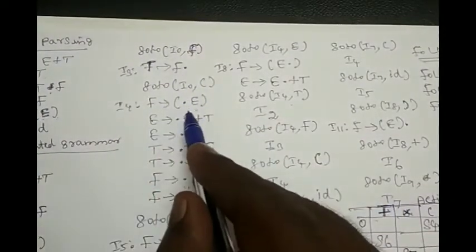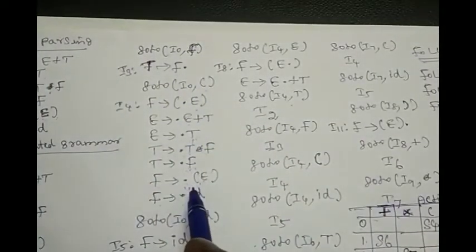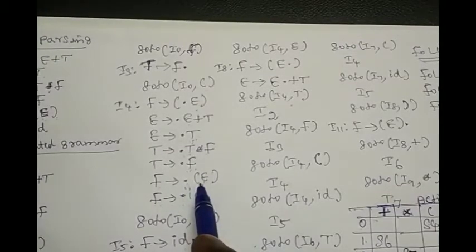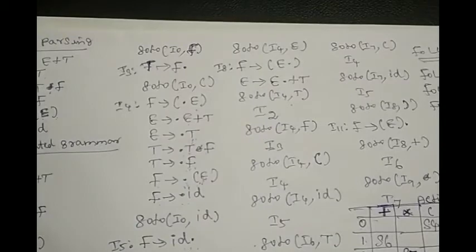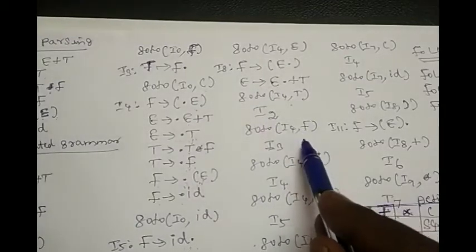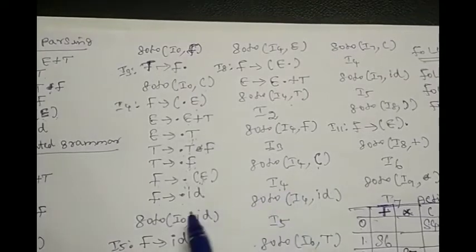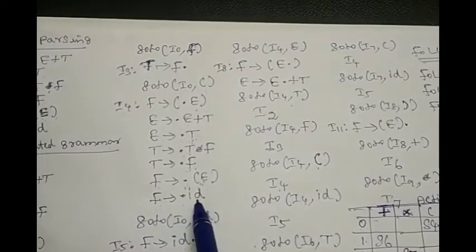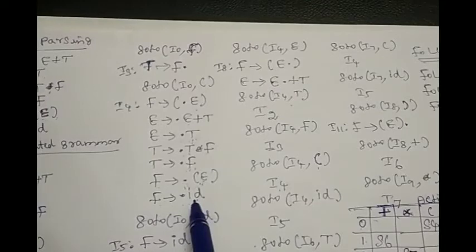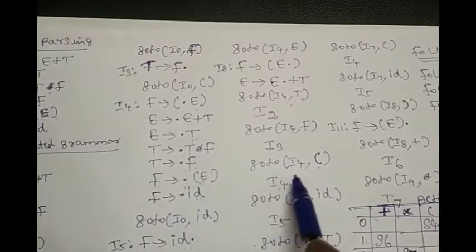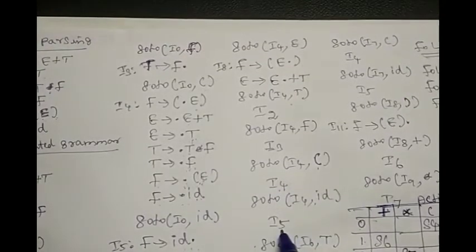Come to I4. In I4 you can see a dot before open brackets. So I4 comma open brackets goes to I4, and I4 comma dot ID. ID is also terminal. I4 comma ID goes to I5.